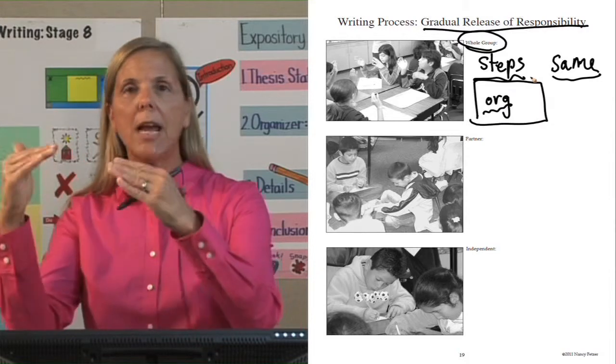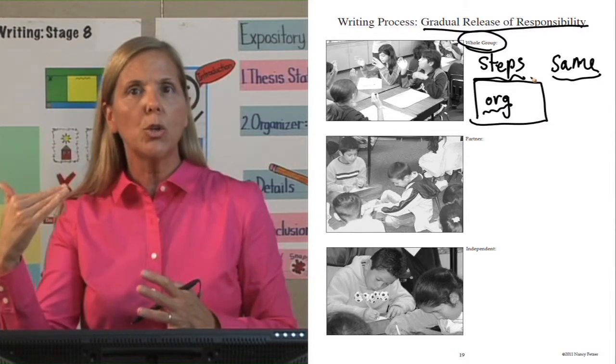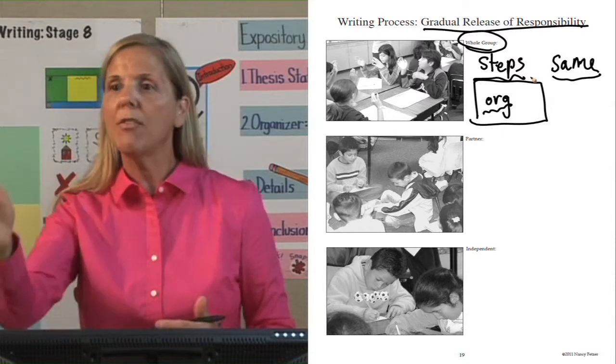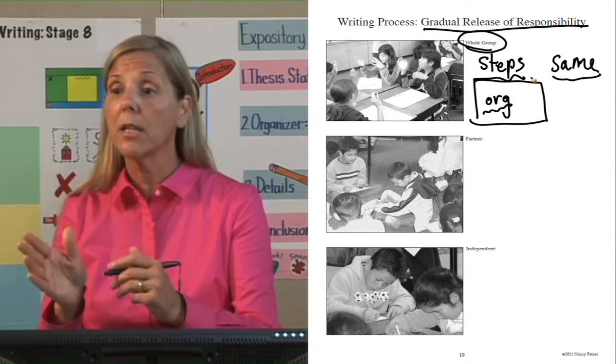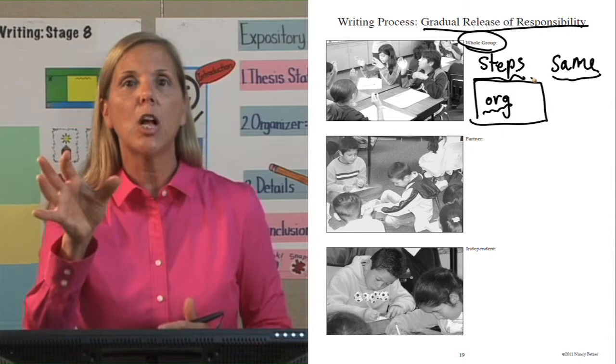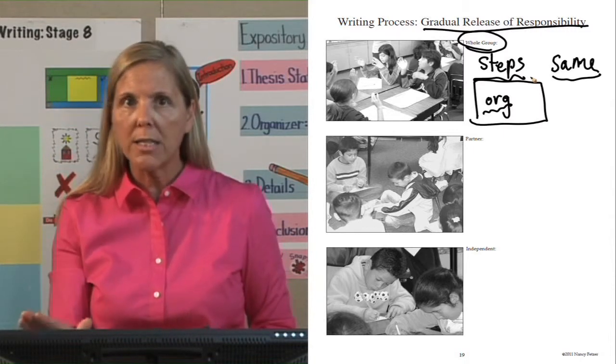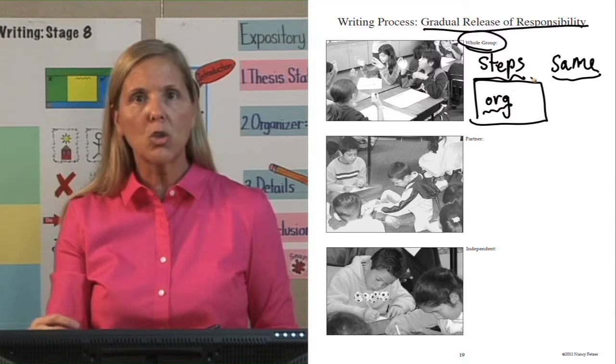I may say step 1 and we're going to follow step 1, we're going to put that information on our organizer, but everybody has a different story, so I'm basically going to go around and have to help each individual child. That's not the purpose of whole group instruction.